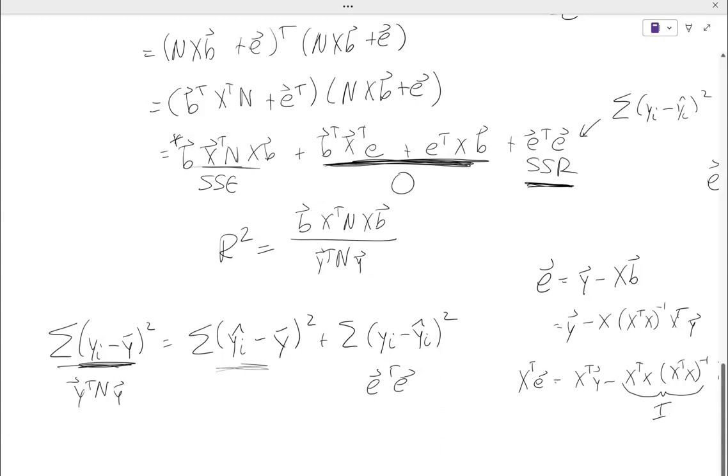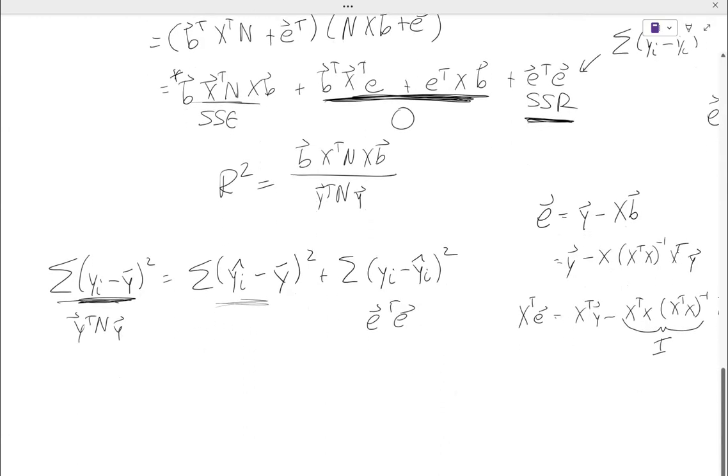Okay, so going back up and using our properties of that N matrix, and I promise this will be the last that I'm going to talk about the theoretical part. We'll go do some numbers, okay? Remember, one of the properties that we said the N matrix had was that it's idempotent. Idempotent means that when you square it, you get the same thing.